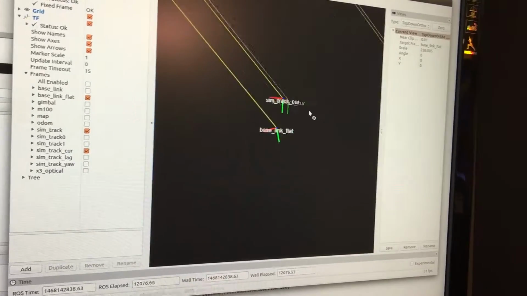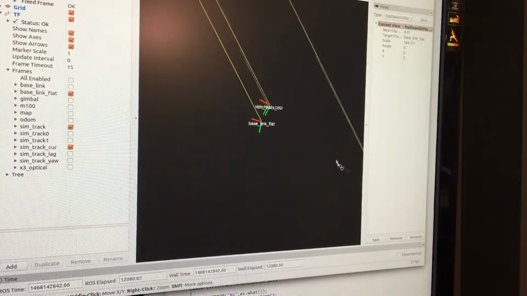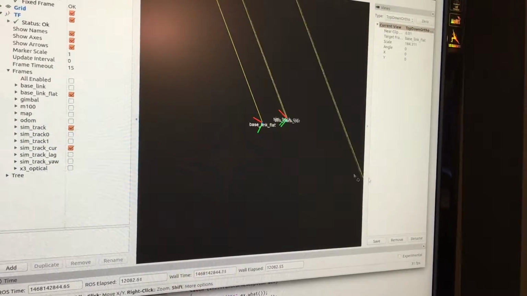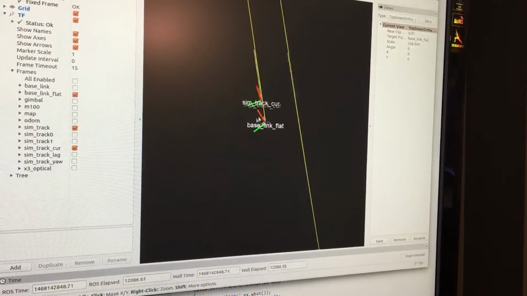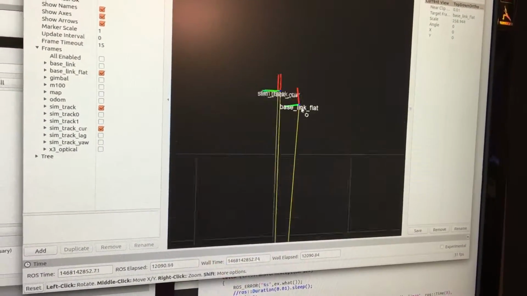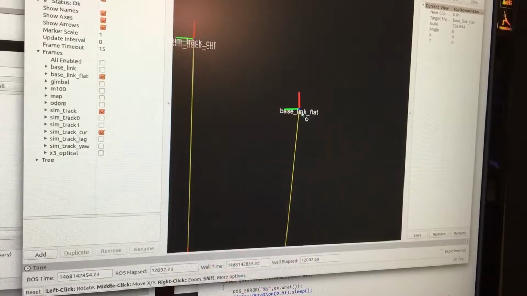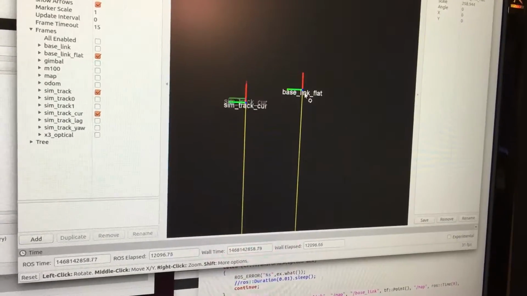You can see now that with the delay, there's a larger difference between the observed goal and the actual goal. But here you can see that it's tracking in a fairly steady system. Unfortunately, due to the delay, it's going to respond a lot slower. That's just the nature of a delayed system.